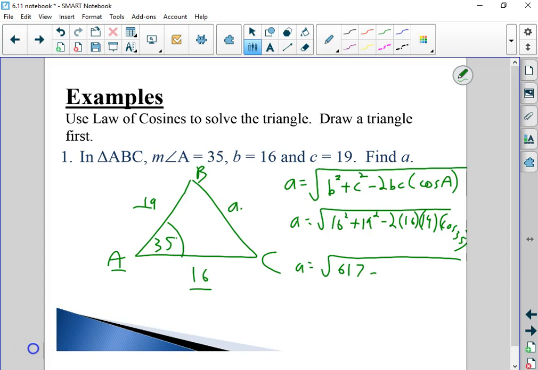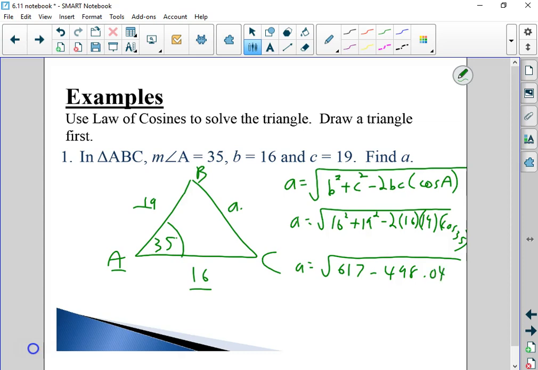I just typed into my calculator 2 times 16 times 19 times cosine 35, which is 498.04.